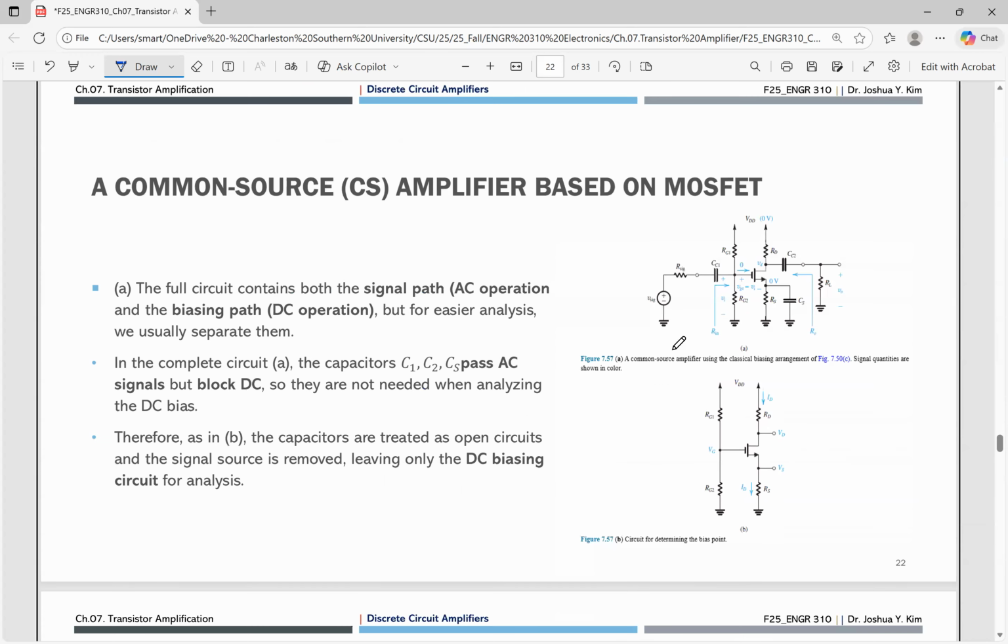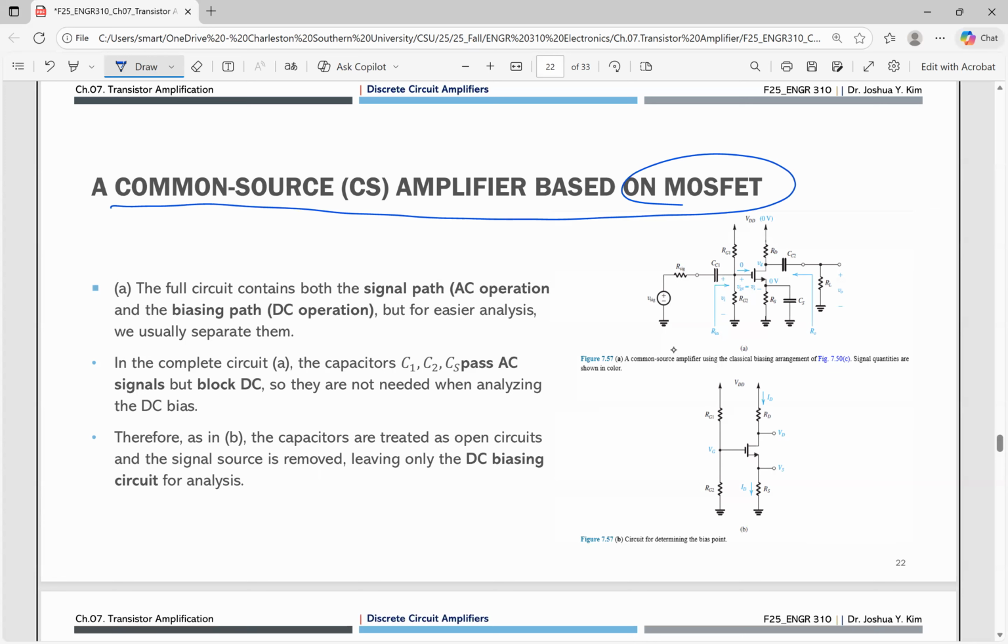I think we have already learned this before in the lab session, but I wanted to very quickly go over the common source MOSFET and BJT again, as really basic operation. This slide introduces the common source amplifier based on the MOSFET.